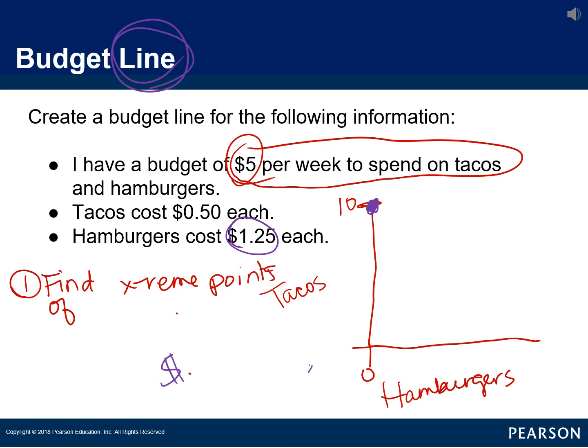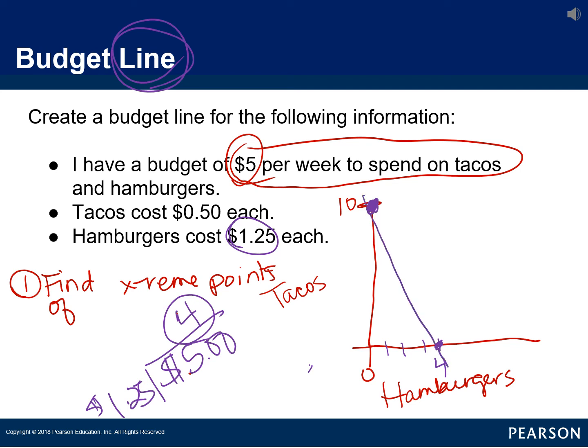So $5 divided by $1.25 is 4. So we can buy 4 hamburgers. 1, 2, 3, 4 hamburgers with the $5. Connect those 2 points, and that is your budget line.